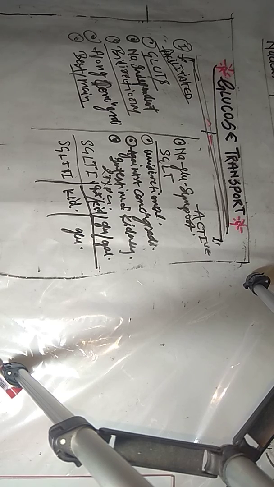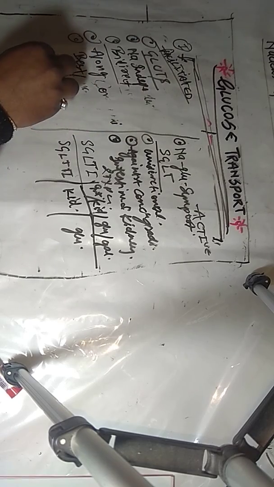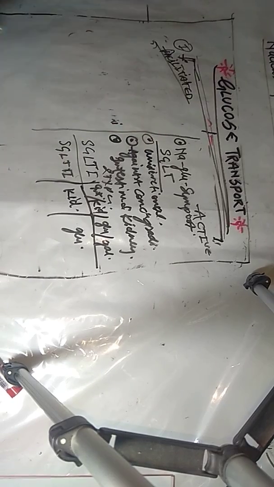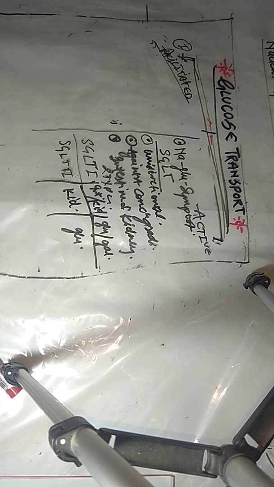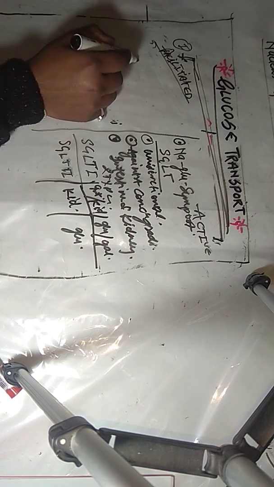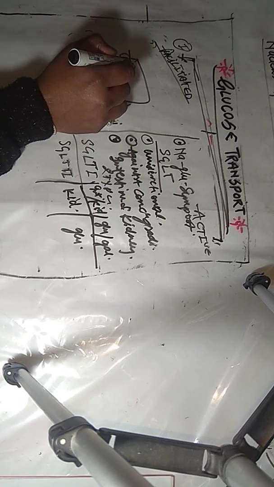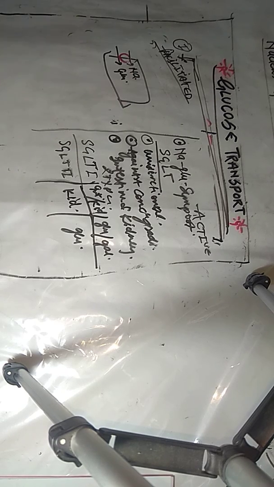After this, I'm going to deal with how sodium glucose import works within a cell. This is a very important concept. If this is a cell, and here is the sodium potassium ATPase pump, and here are the sodium and glucose transport.